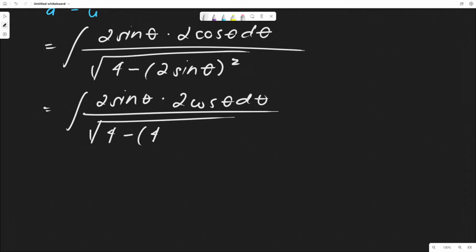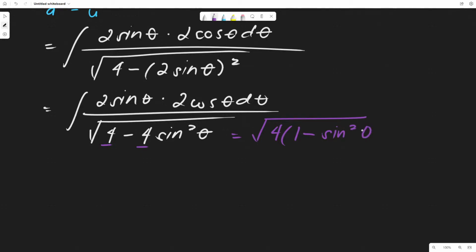Obviously that is 4 sine squared theta. We notice that 4 is a common factor, so we can factor it out. Our new denominator is the square root of 4 times 1 minus sine squared theta.